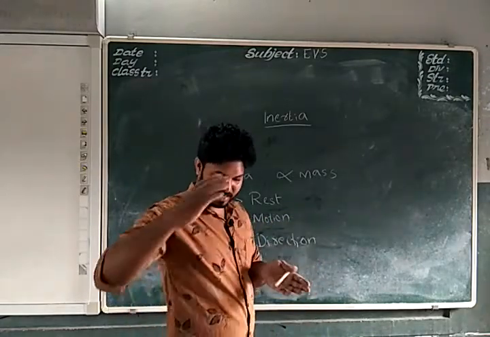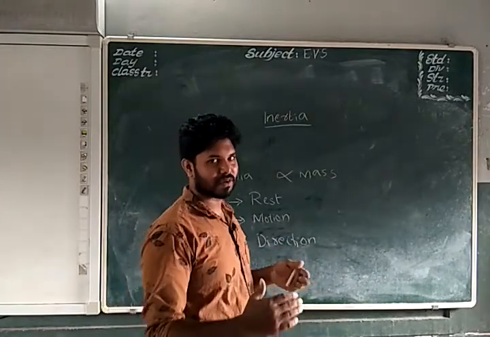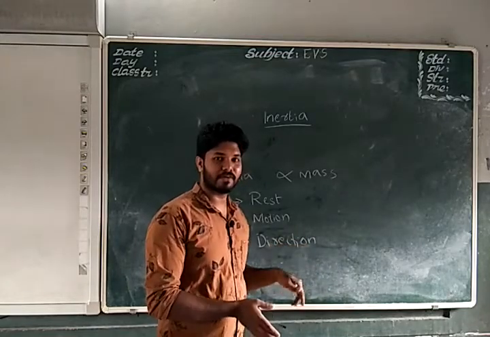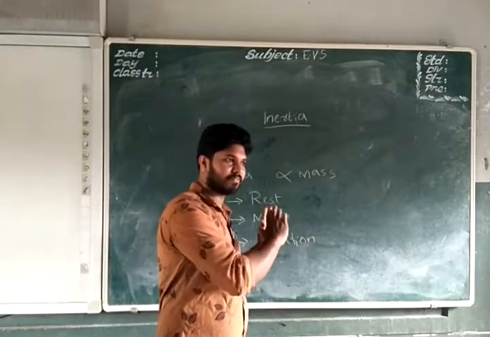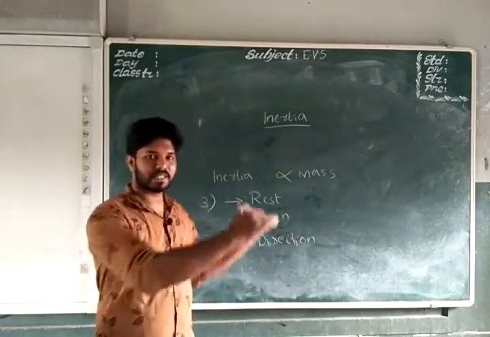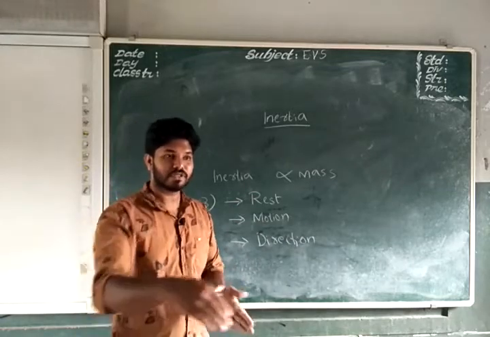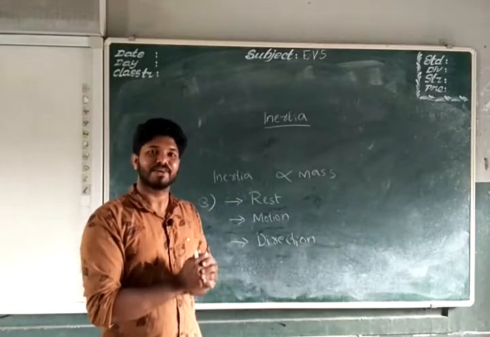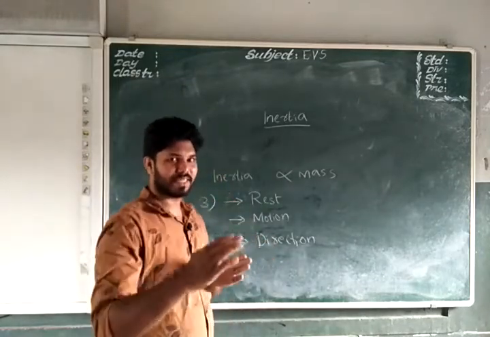So we tend to move in the opposite direction of the bend. If the curve is towards the right, we tend to move towards the left, and if the curve is towards the left, we tend to move towards the right. So we move our body opposite to the bend.